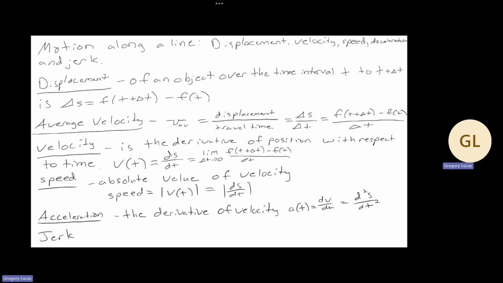We won't talk about jerk too much, but jerk is the derivative of acceleration. And we write it as j of t is equal to da dt, which would also be the third derivative of our displacement with respect to time. So those are all the definitions we're going to need to be able to look at our examples now.